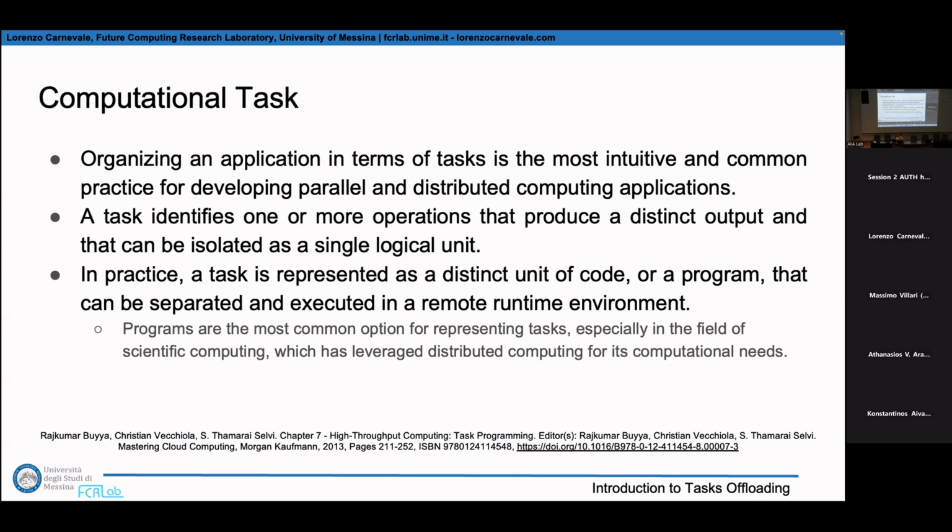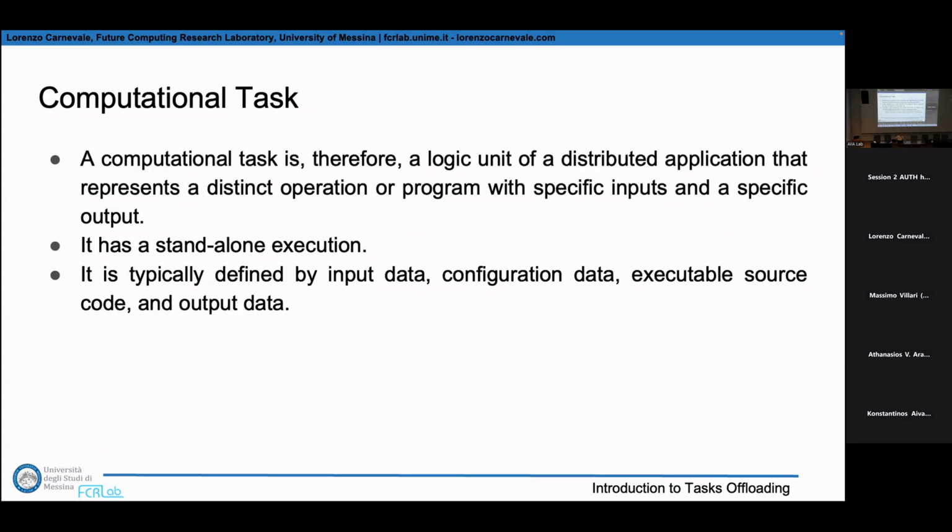For example, a program is the most common option for representing tasks, specifically when we talk about scientific computation, when we talk about distributed computing. So distributed computing, as was discussed before in the previous talk, becomes the running of multiple tasks on different computational machines or in different single logical units that are deployed in different geographical areas.